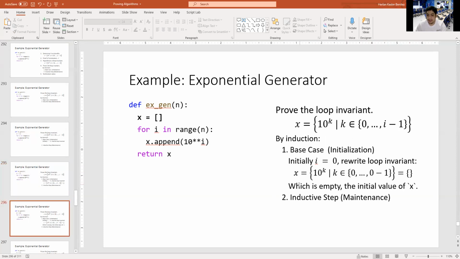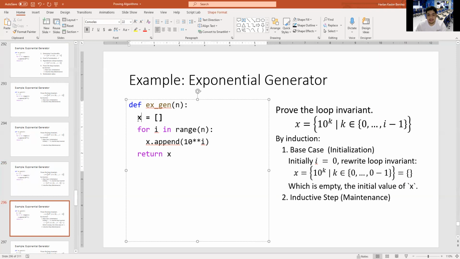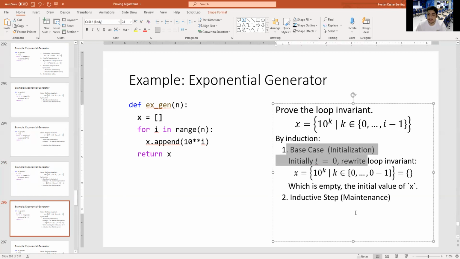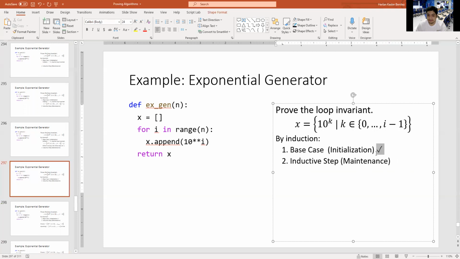The initial value of x as defined in our function is an empty list as well. So, our base case is true, and we assume the loop invariant holds at the base case. Next is the inductive step.